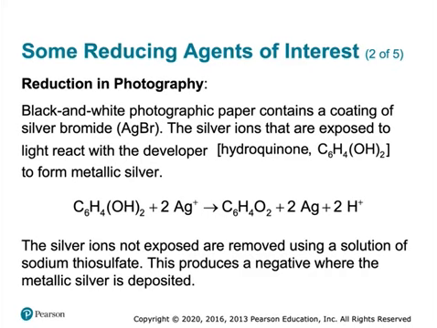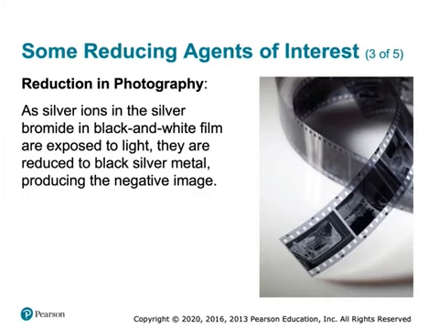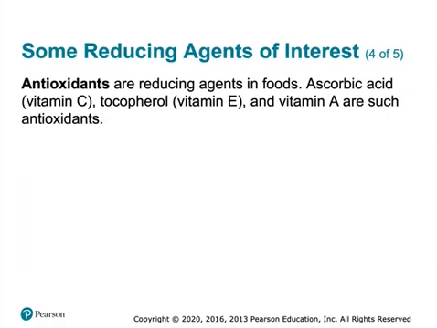The silver is reduced, and the quinone does that, and then you have the negative here. So it forms a negative image on the plate, or in the old school, I'm thinking Civil War era, or the film. Okay.